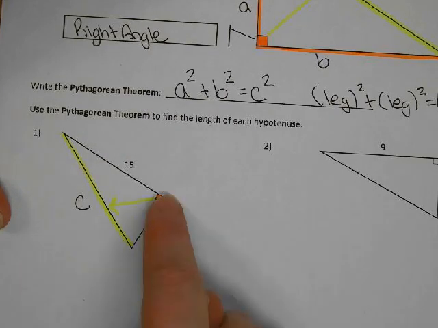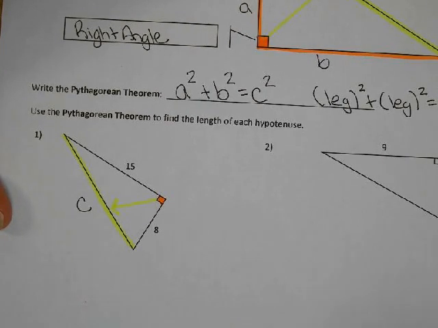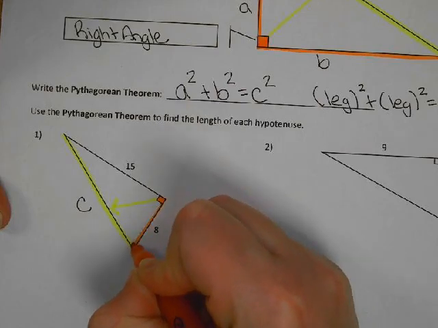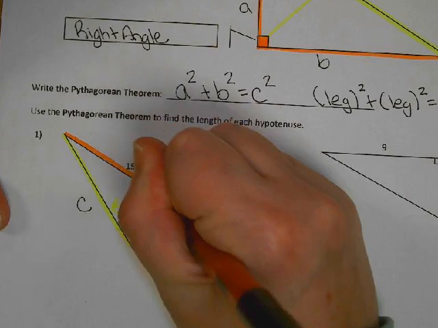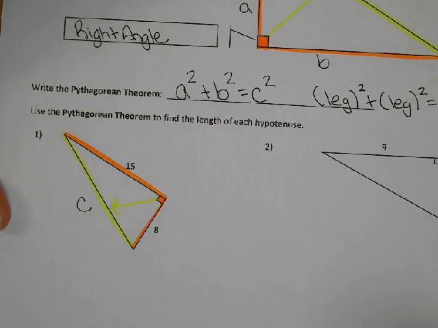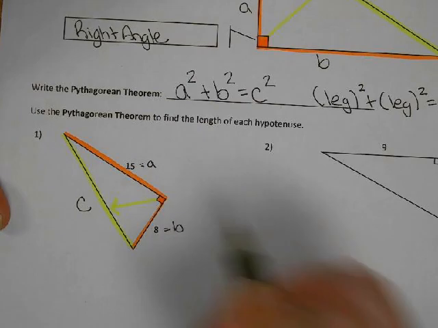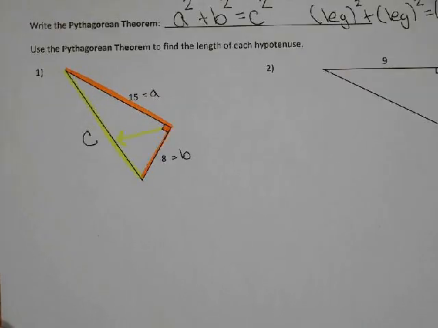What are the other two sides? A and B. Those are the legs. Does it matter which is which? No. Okay. So we'll call this one A and this one B. And what did the Pythagorean theorem say again?